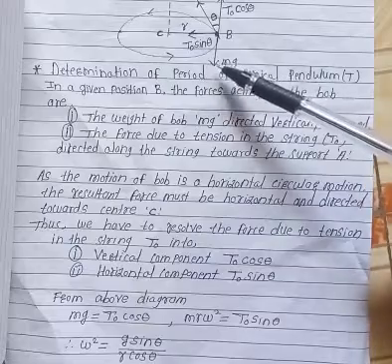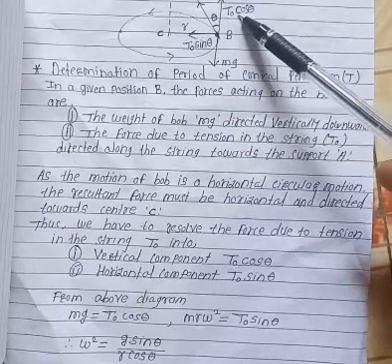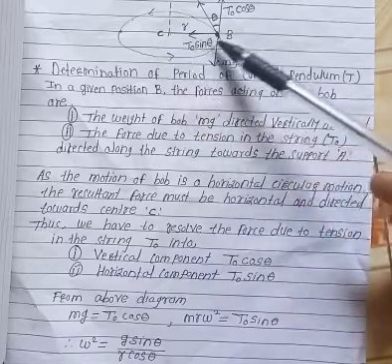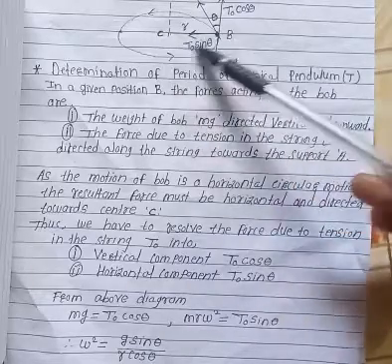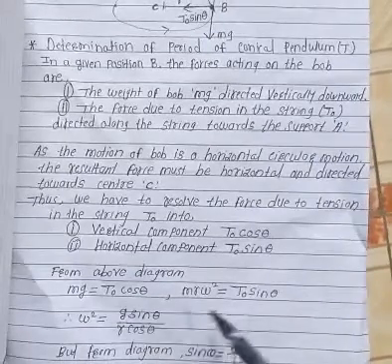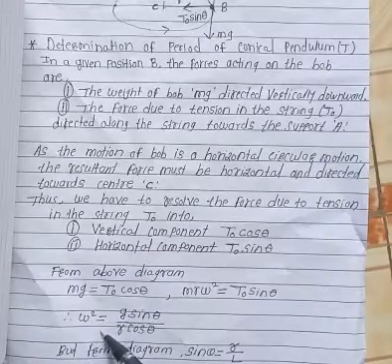That means mg equals T0 cos theta, and mv squared upon r, or m r omega squared, equals T0 sin theta. From these two equations, omega squared equals g sin theta upon r cos theta.